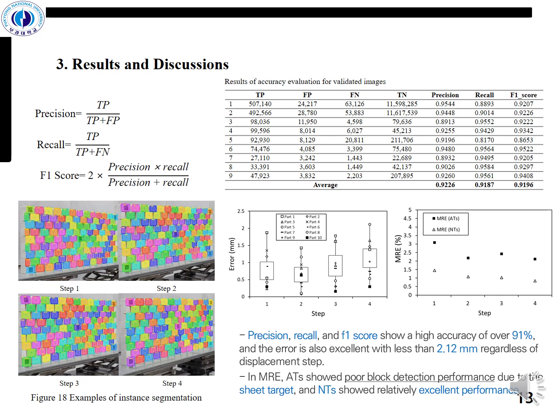Precision, recall, and F1 score show a high accuracy of over 91%, and the error is also excellent, less than 2.12 millimeters regardless of displacement steps. In MRE, the 8 artificial targets showed poor block detection performance due to the sheet target, and natural targets showed relatively excellent performance.